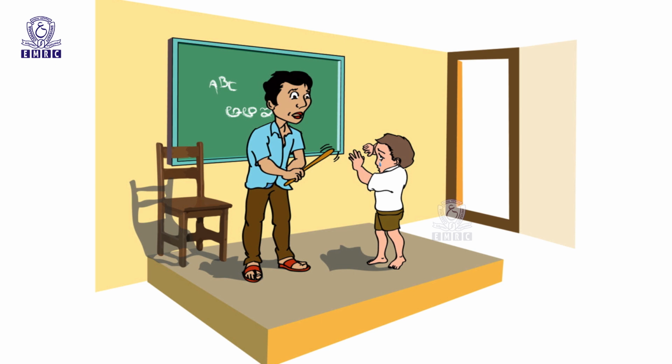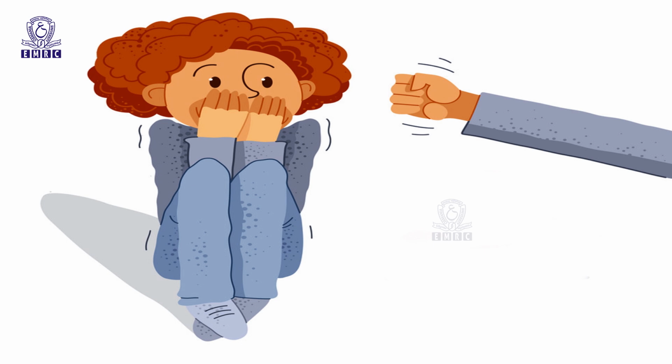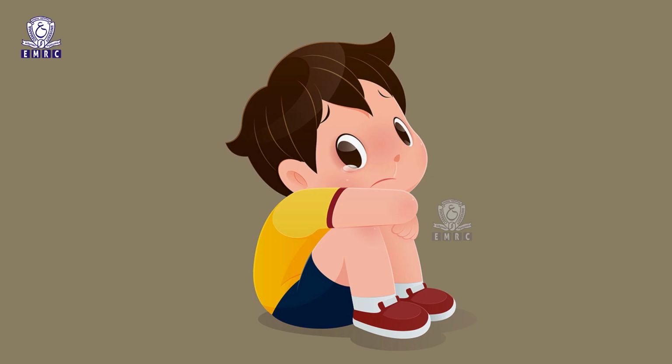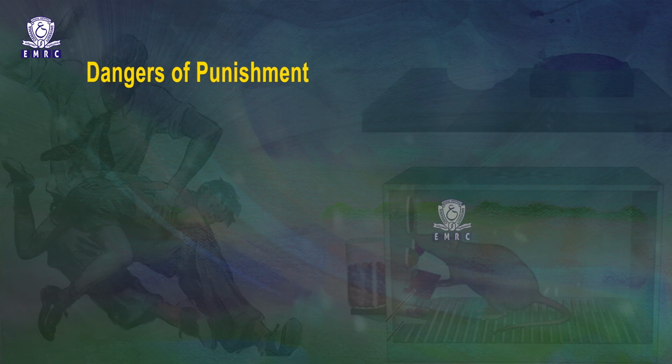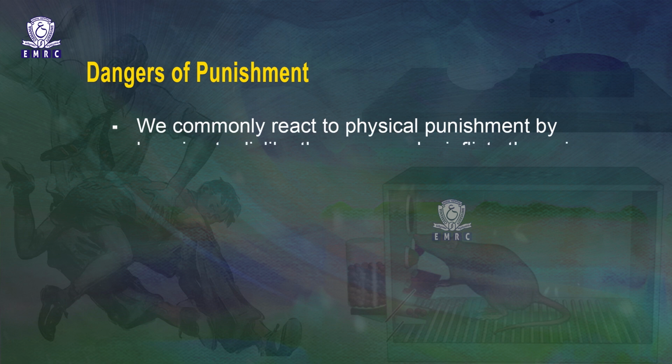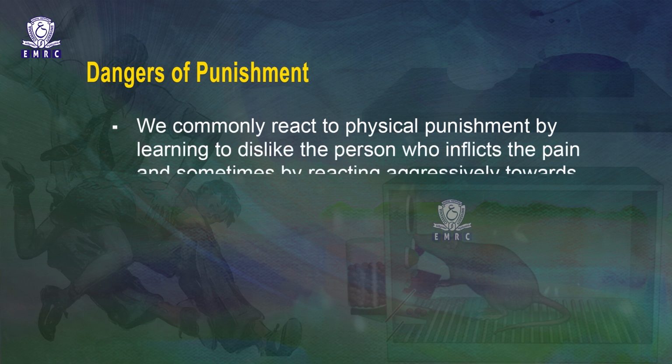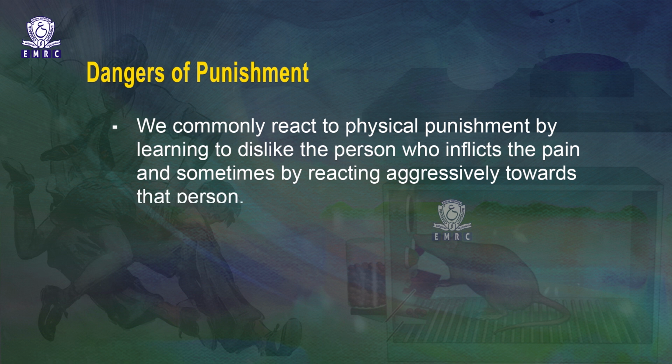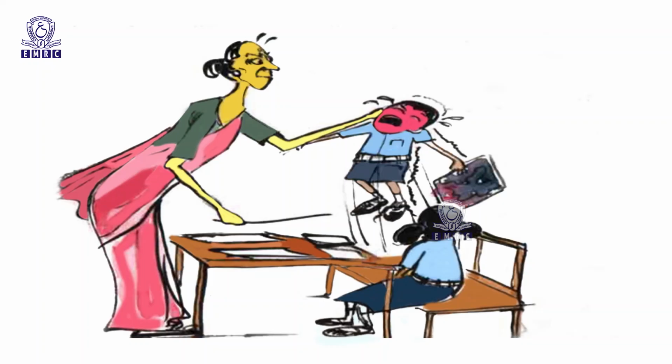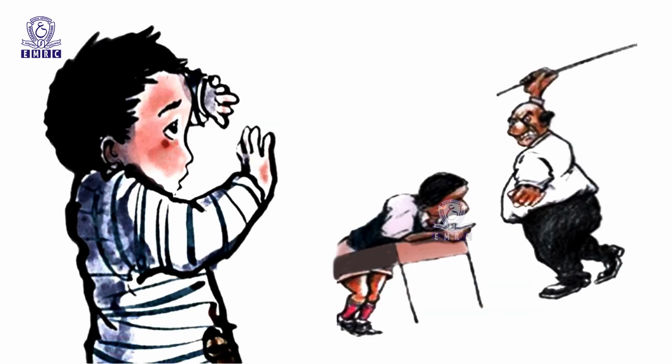Repeatedly beating a child for talking back to you may lead the child to quit talking to you or stop playing with you altogether. 3. We commonly react to physical punishment by learning to dislike the person who inflicts the pain, and sometimes by reacting aggressively toward that person. Thus, punishment may solve one problem but only lead to a worse problem, that is aggression.